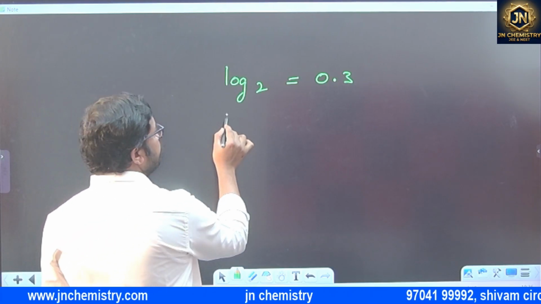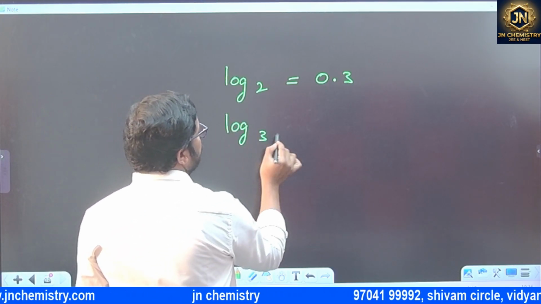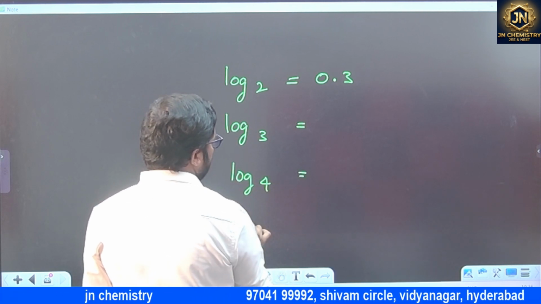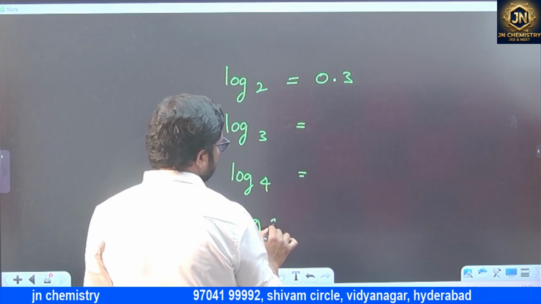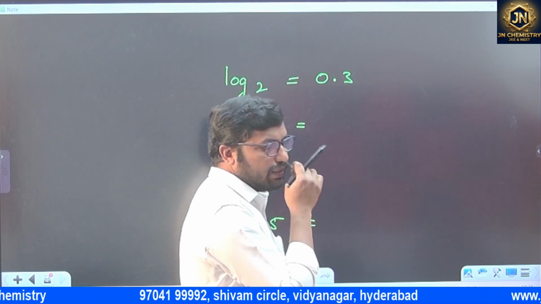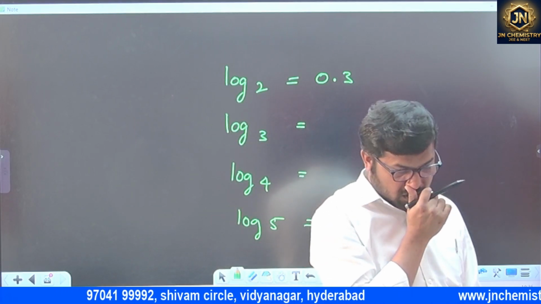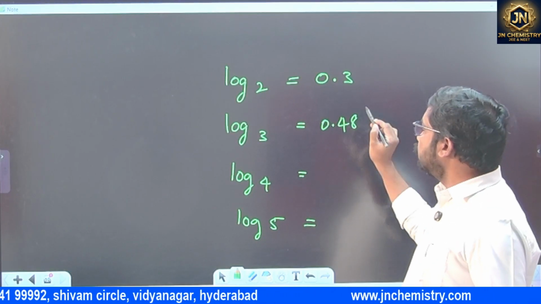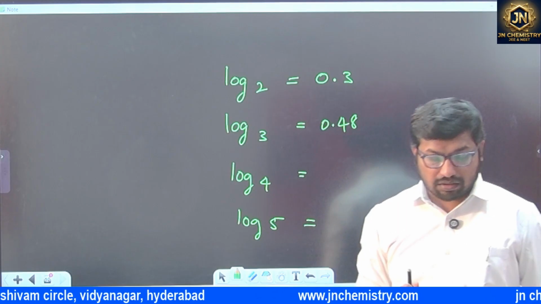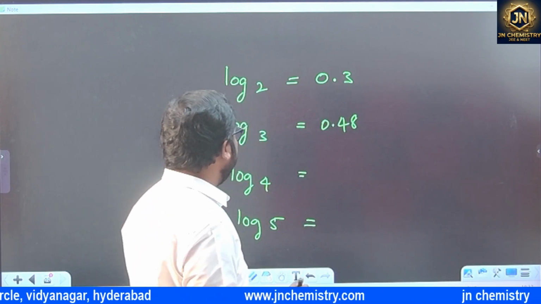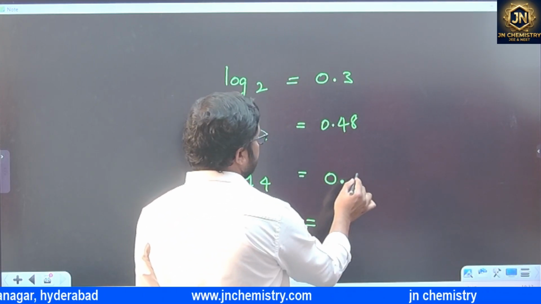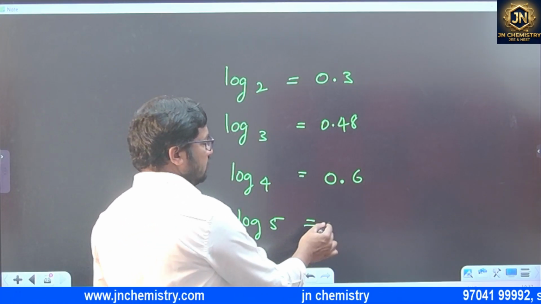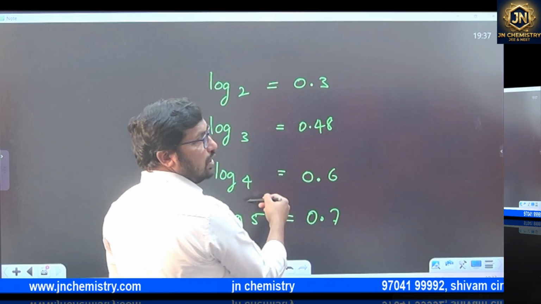Log 3 is 0.48. Log 4 is 0.6. Log 5 is 0.7. Log 4 is double of log 2.